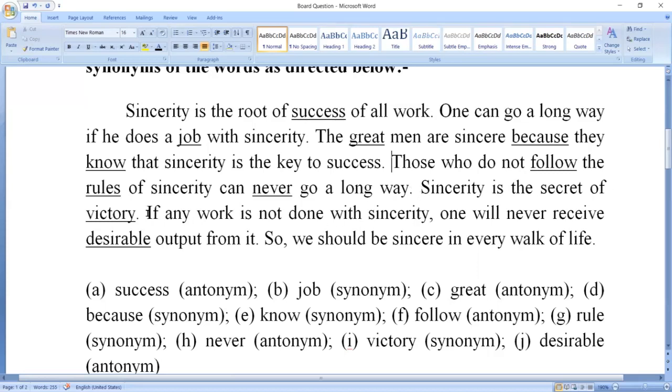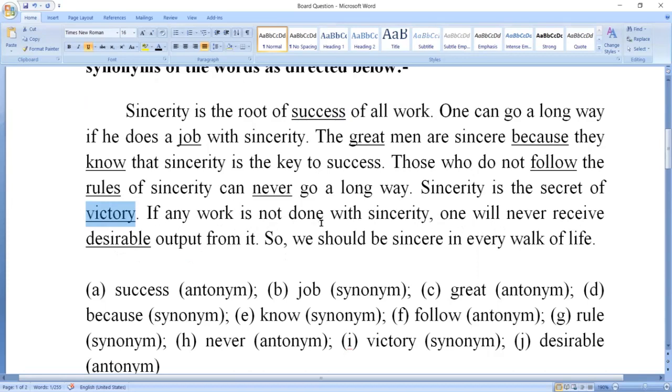Sincerity is the secret of victory. That is, if you are sincere, you are sure to gain victory. Victory means to be a winner, to win something. If any work is not done with sincerity, one will never receive desirable output from it.